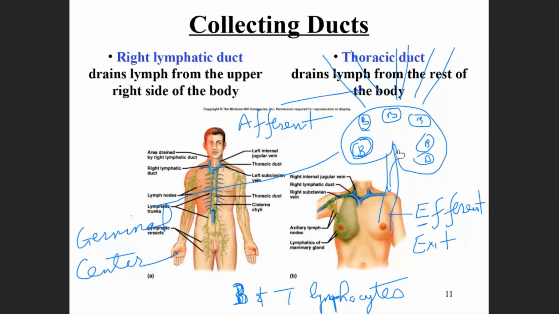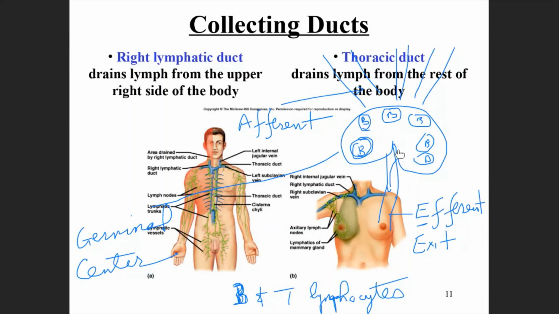We're not talking about surfaces like epithelium. Maybe this is important when we talk about the immune system: if you look at the respiratory tract, the digestive tract, the urogenital tract.